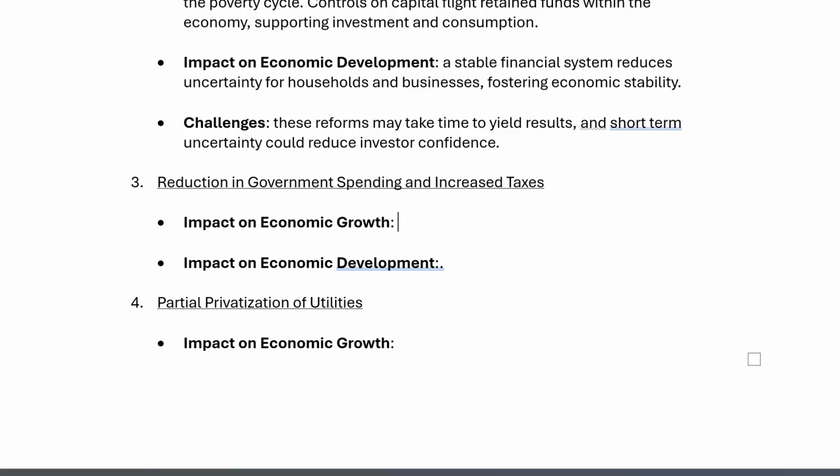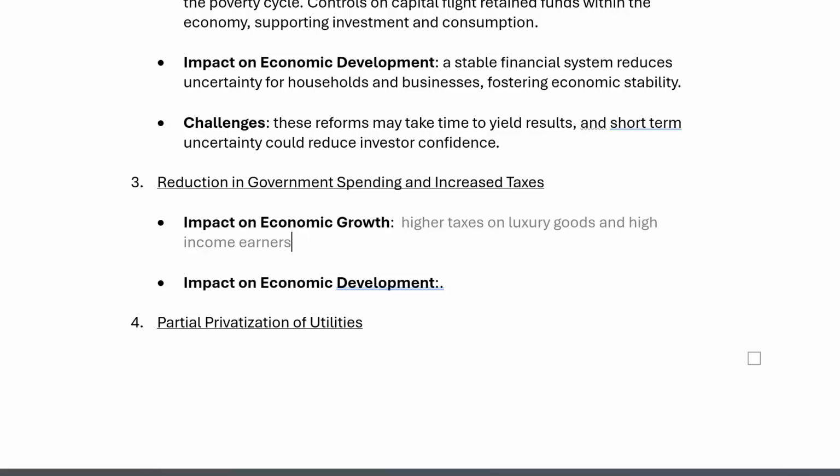The third policy is about reduction in government spending and increasing taxation on luxury goods, by the way, not general taxes. Higher taxes on luxury goods and high-income earners may increase government revenue, reducing the budget deficit.